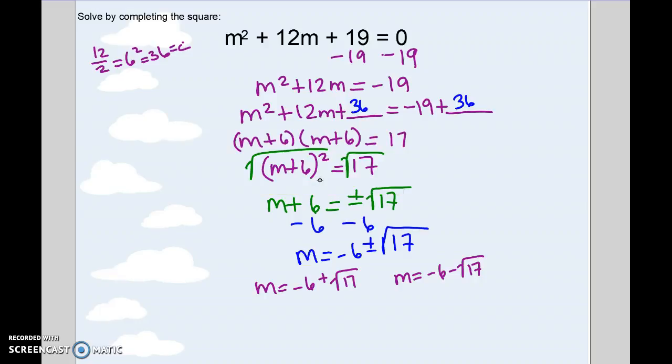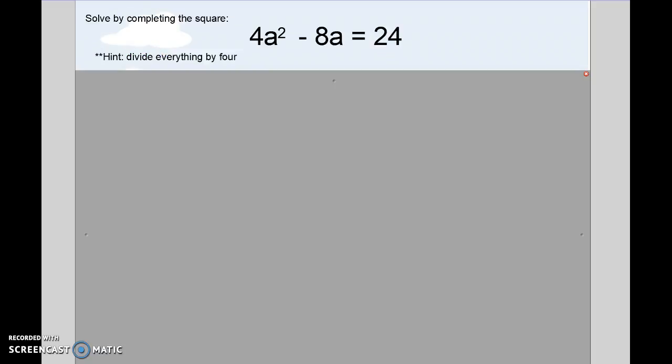Okay, notice how in your answer you have a square root, so you're not going to have a perfect whole number, and you can leave it like that with the root. Go ahead and try this problem. Make sure that you divide everything by 4 first, because your x squared has to be by itself. You cannot have anything in front of it in order to complete the square.